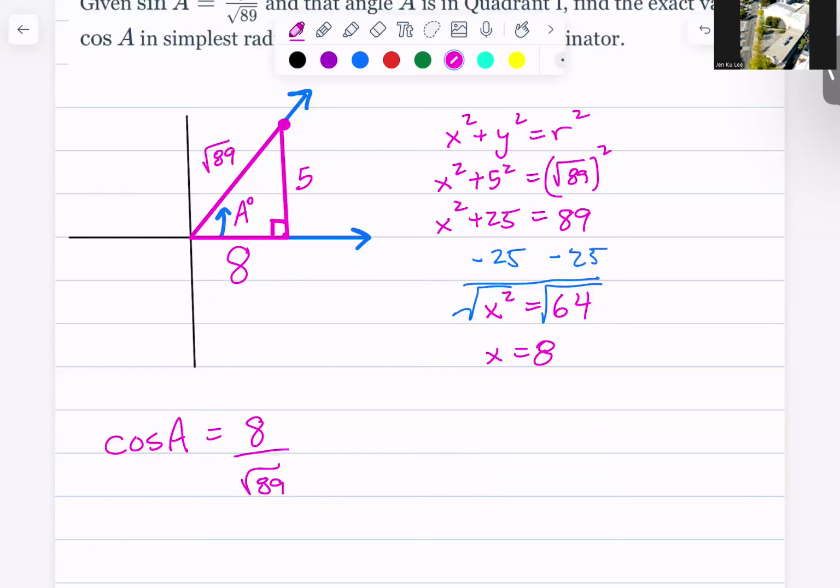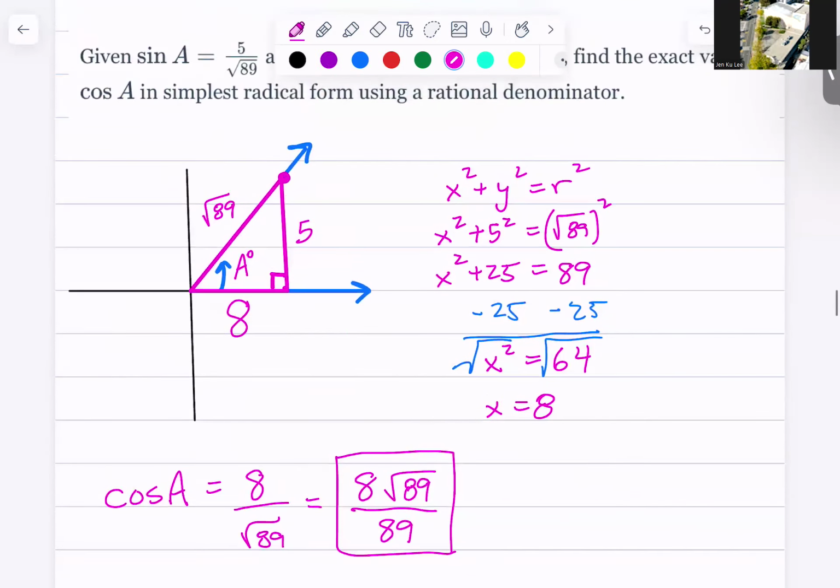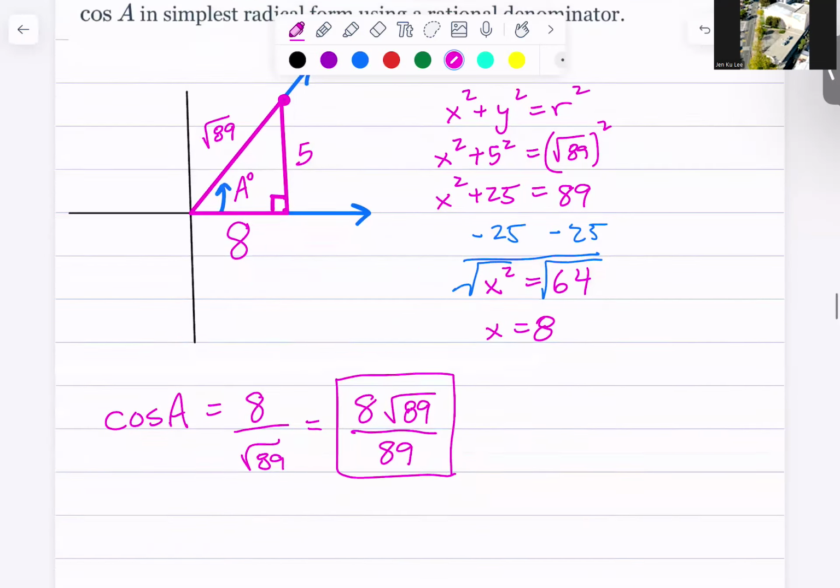I'm leaning towards prime number, so I'm going to leave it like that. So to rationalize my denominator is that. Cool. Next one.